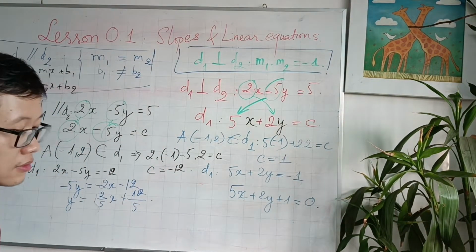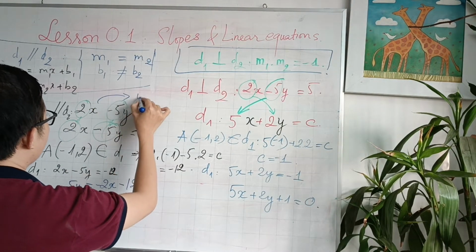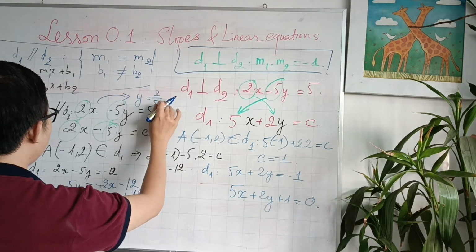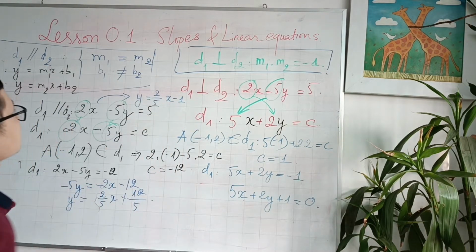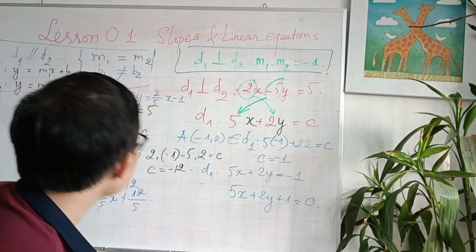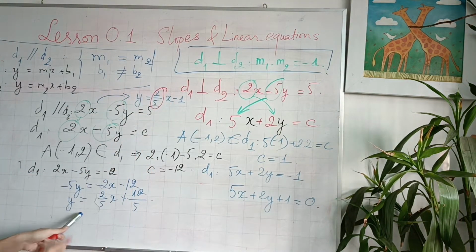If the question writes D2 in slope-intercept form, we have the formula y equals 2 over 5 x minus 1. I change the expression to this slope-intercept form. So as we can see, D2 has slope 2 over 5 and D1 has slope 2 over 5.